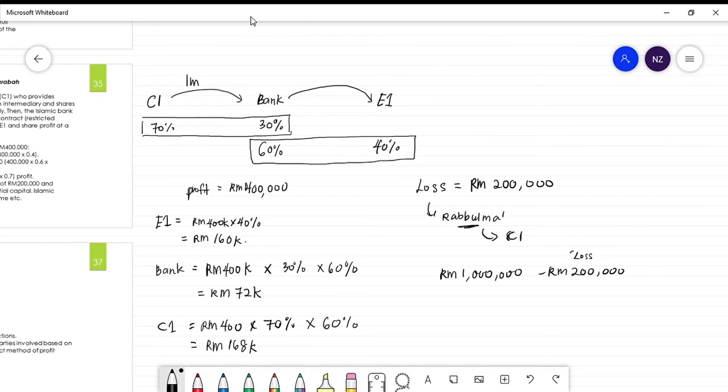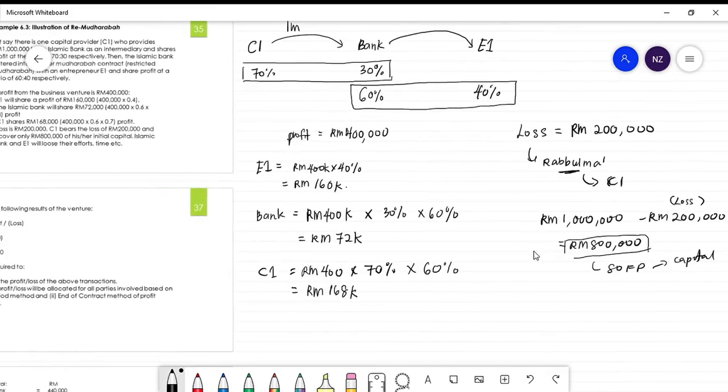So when you minus, you will only get 800,000. So this 800,000 is the amount that will be put in the SOFI. It means this is the final amount of capital remaining in the mudharabah contract or financing structure, settled for the mudharabah.